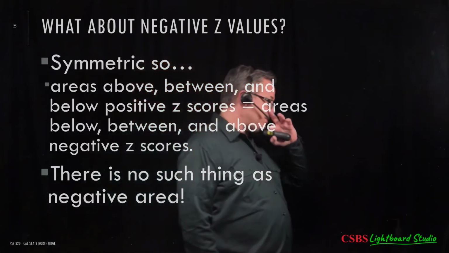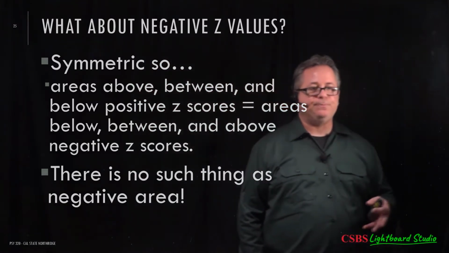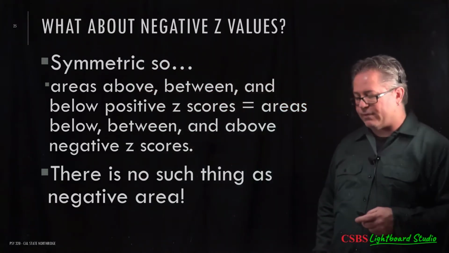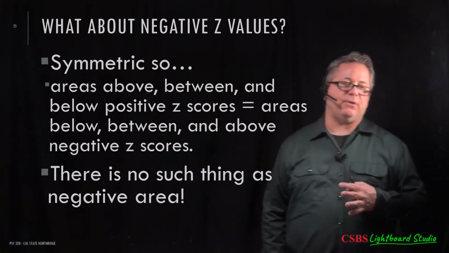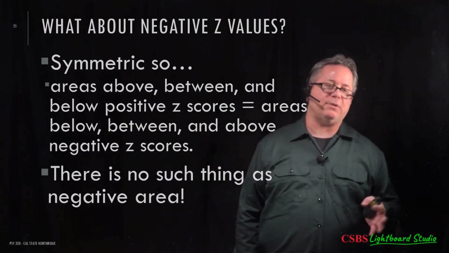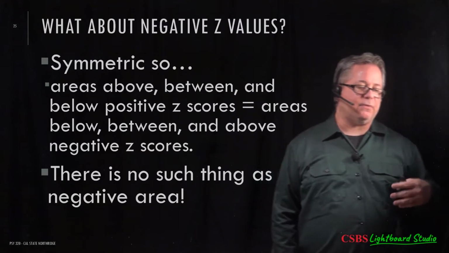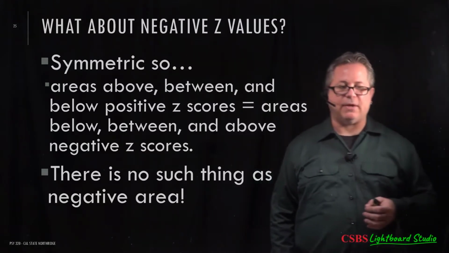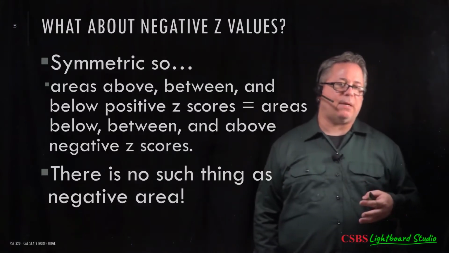So you may be asking, what do we do about negative z's? Most z tables that get provided don't include negative z's. They just give you the areas for the positive z's. The reason is that z tables are already fairly lengthy, with a lot of pages and values, and the negative numbers just repeat the positive ones.